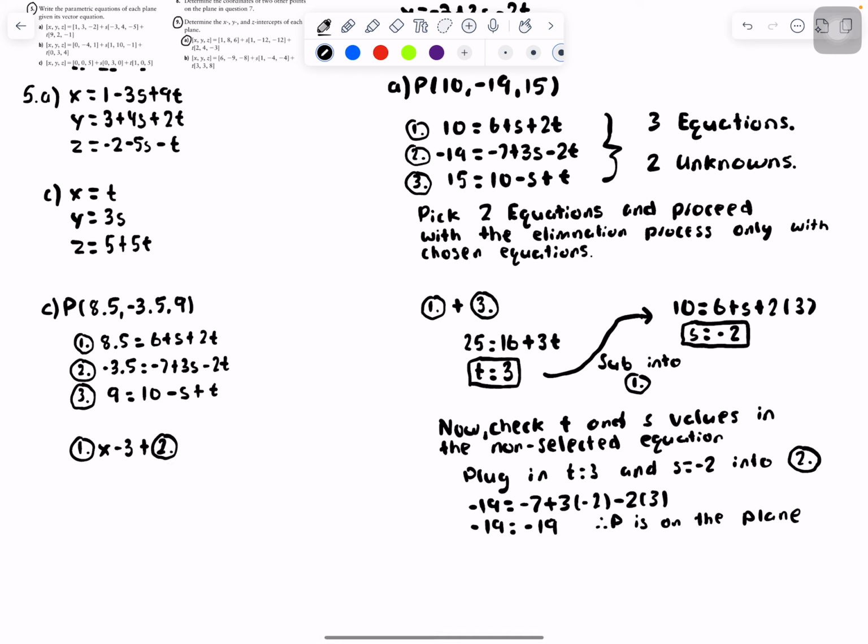So 1 times -3: 8.5 times -3 is -25.5, 6 times -3 is -18, minus 3s, minus 6t.